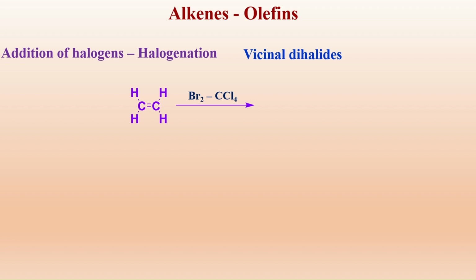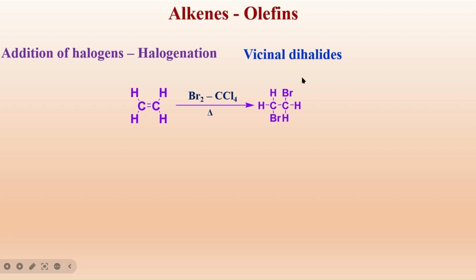any halogen, preferably bromine, in the presence of a non-polar solvent like carbon tetrachloride or chloroform, and when I heat it, it gives rise to 1,2-dibromoethane. The bromines which are added are in two different phases.